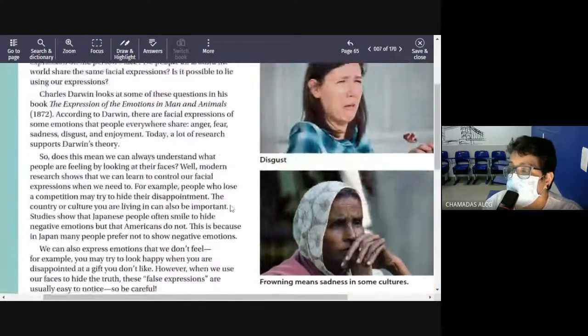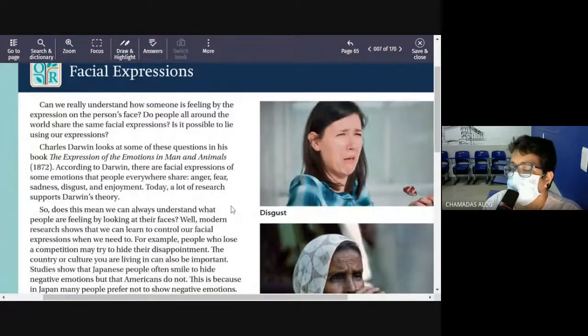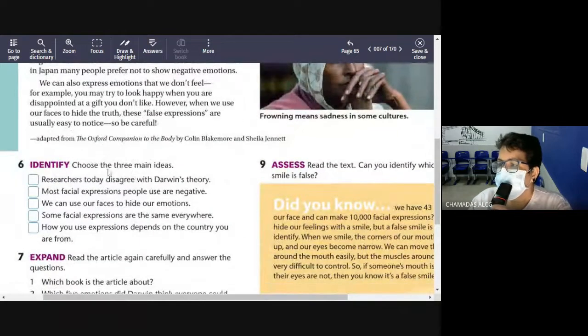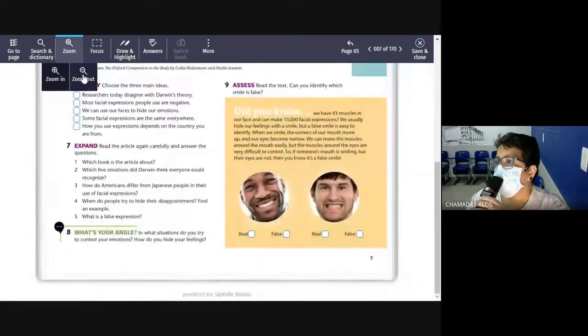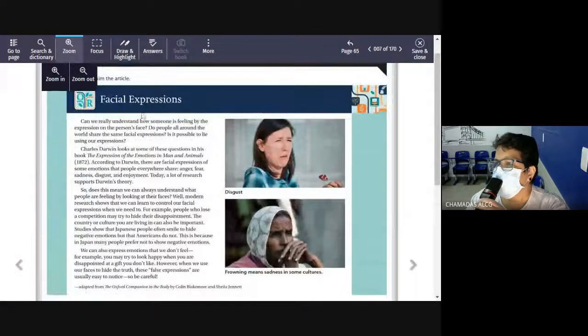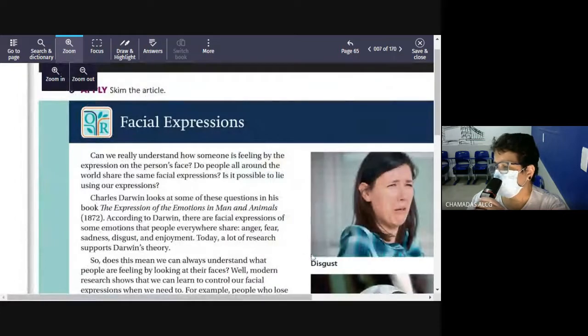So now I will give you 1 minute to skim the text and then choose the three main ideas, okay? Let me just zoom out here. Is it possible to read like this? I don't think so. I think now, yes, right?